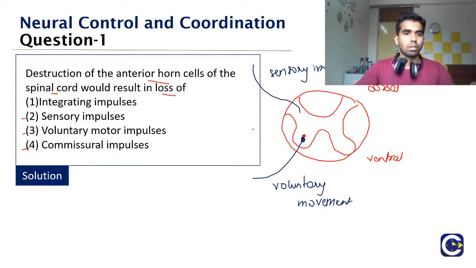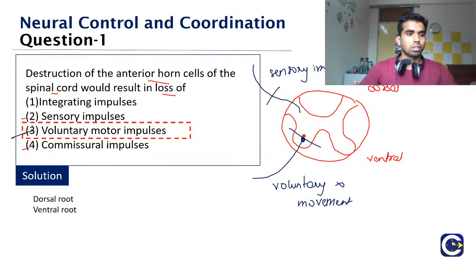That is why if you have any destruction of this anterior horn cell, the voluntary movements will be compromised. And if the question was that there is destruction of the dorsal root, then the sensory impulse would have been the answer. So yes, all of you are absolutely correct. The correct answer is option 3, voluntary motor impulses.